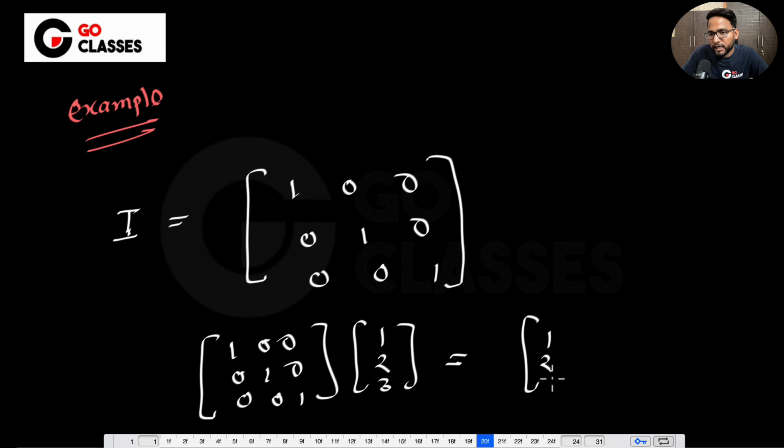You get 1 2 3 only, because it's the identity matrix. Now it seems that 1 2 3 is an eigenvector. Let me know if there is any problem here. Because you multiply x, you get the same x. And the eigenvalue is 1.